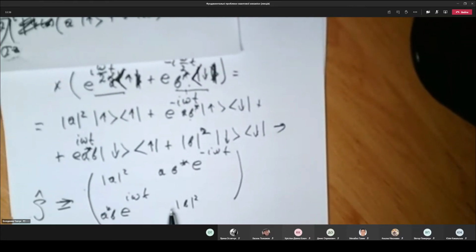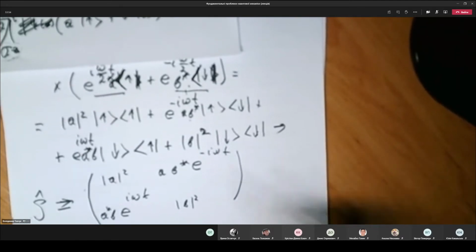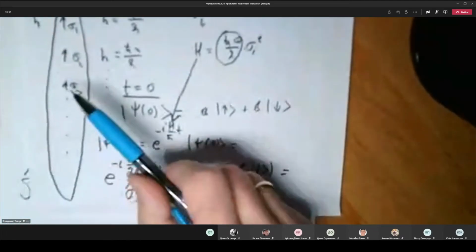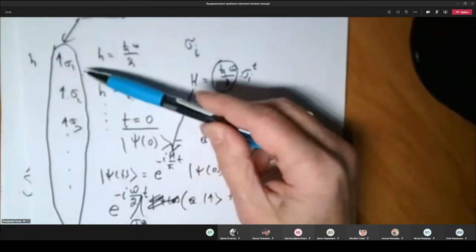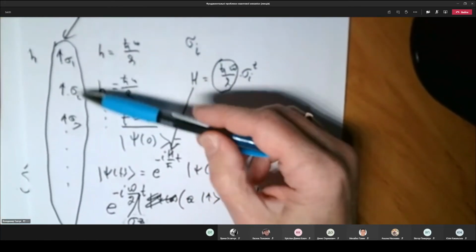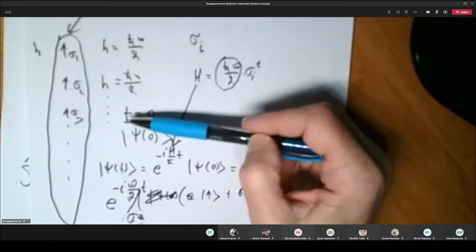So here I write the density matrix which corresponds to the pure quantum state. This density matrix describes the evolution in time of the pure state. Each spin is interacting with the same magnetic field.